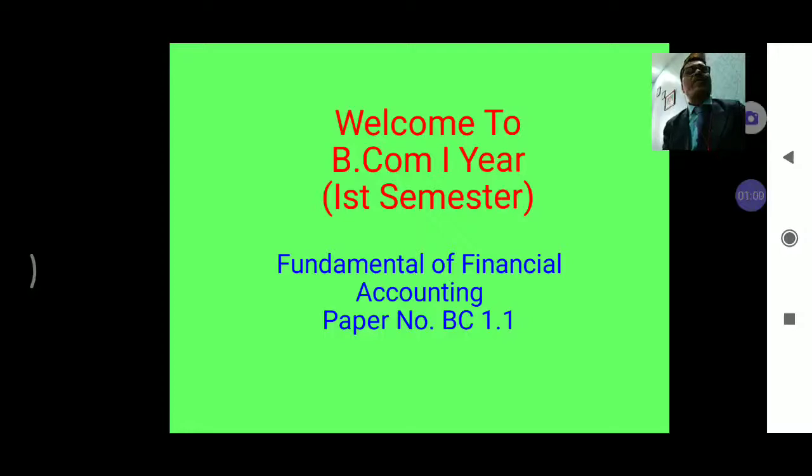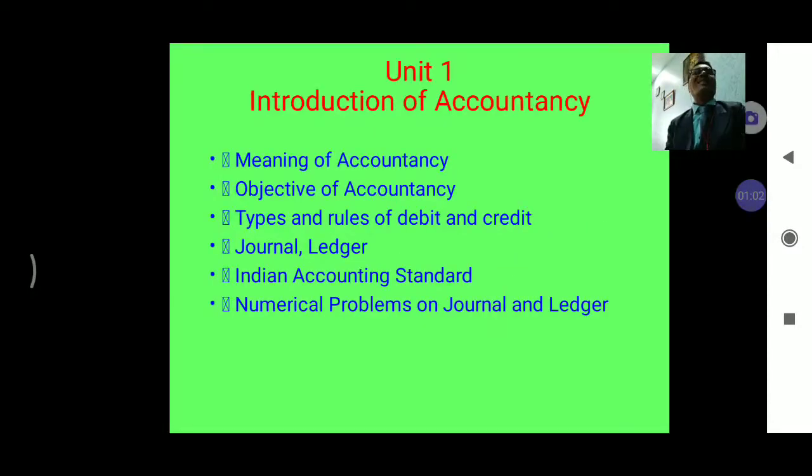here some contents or units are given to you. Fundamental of Financial Accounting is our subject name, and in this subject you study the first chapter or first unit, that is Introduction to Accountancy.